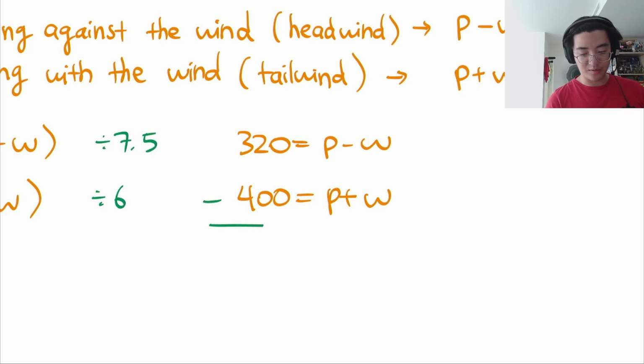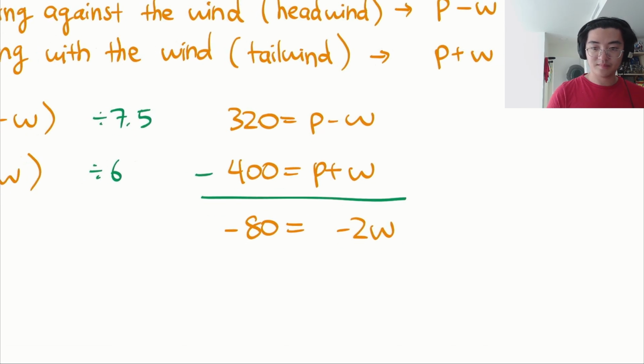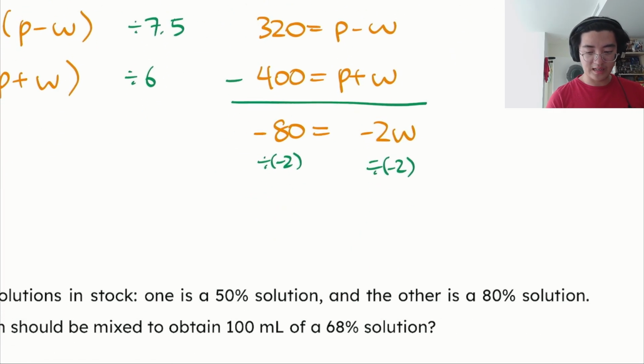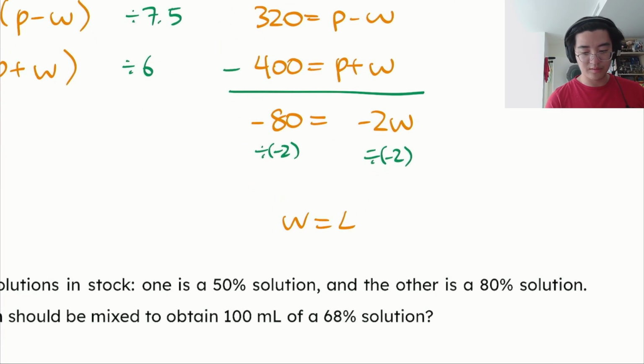We can now just subtract the two equations to cancel out the p. Right here, we divide both sides by negative 2 to get w equals 40.